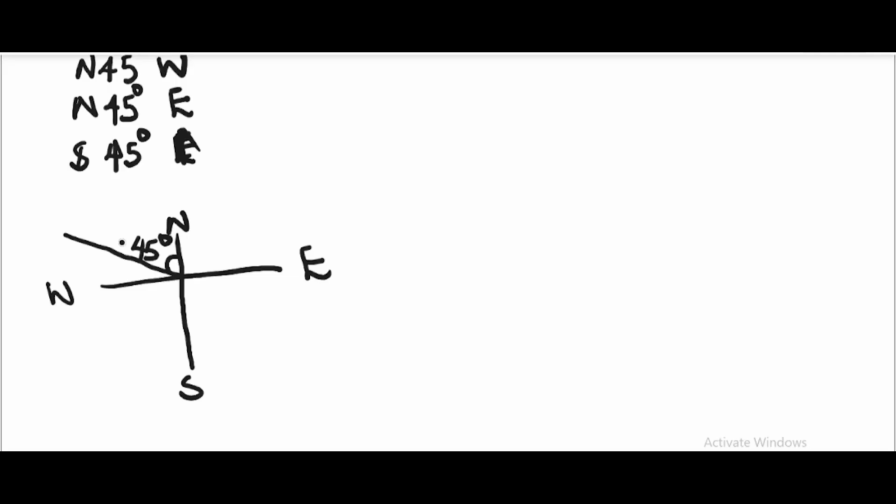Now this same 45 degrees northwest, if I were to write it in surveyor's bearing, what will it be? Remember, I should start from the north in the clockwise direction till I get to this position. Remember I said you must know your theta. Now I know my theta: 45 degrees.